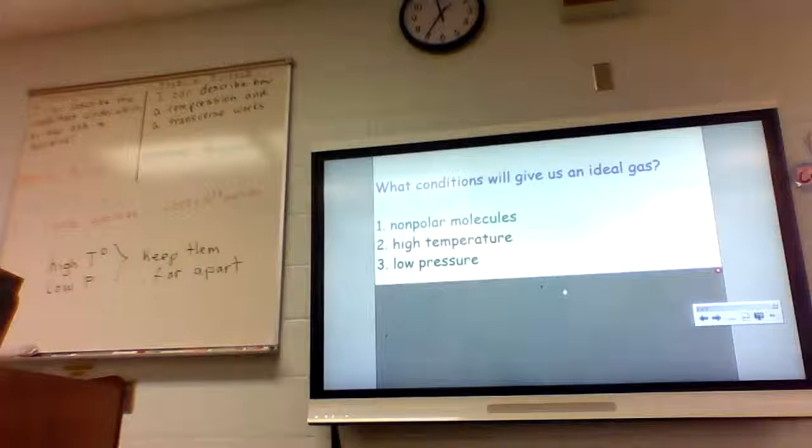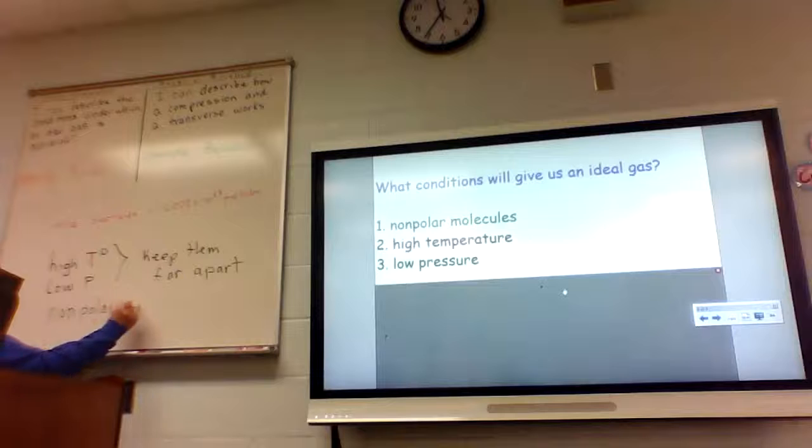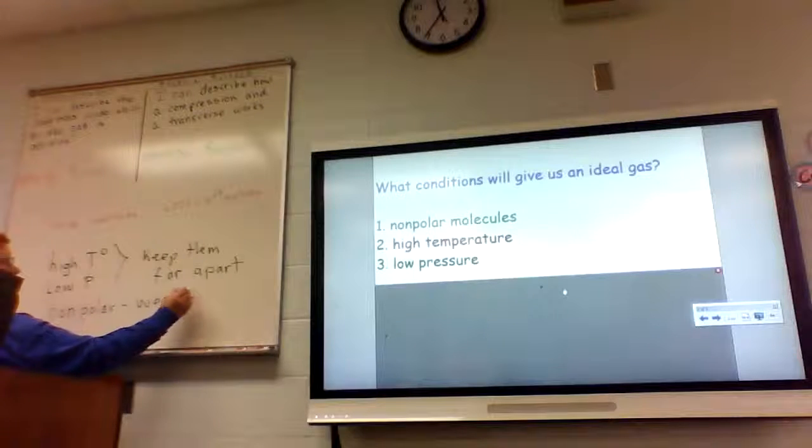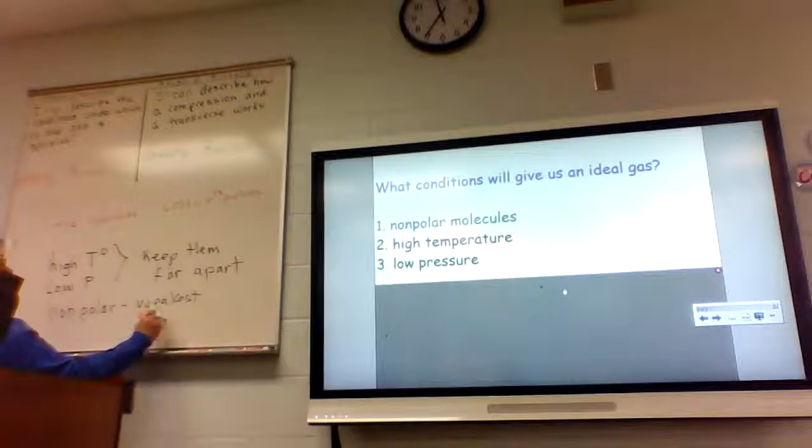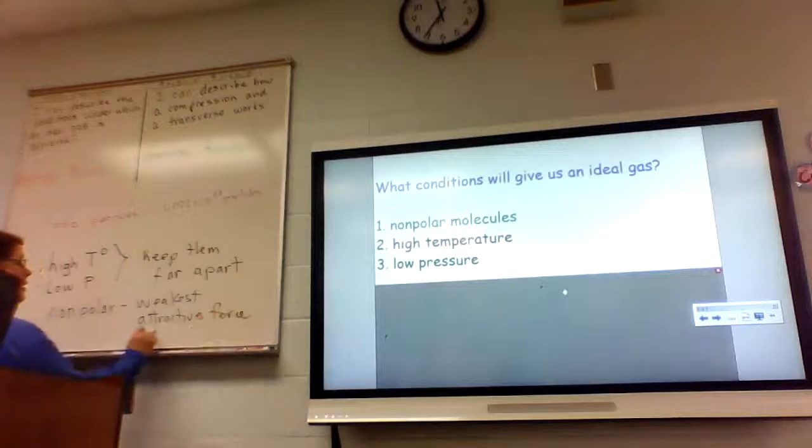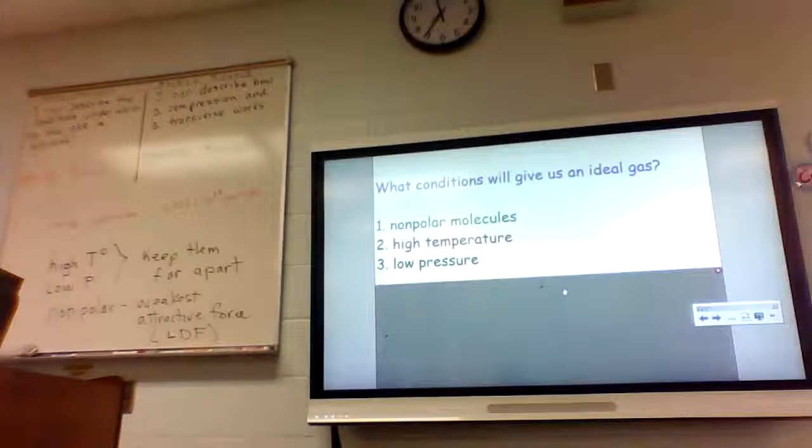Now, what does the non-polar thing do? Again, non-polar keeps them from attracting. Non-polar is the weakest attractive force, because that was your LDF, your London dispersion force. That was the weakest one we had. We don't have anything weaker than LDF. What is ideal gas?